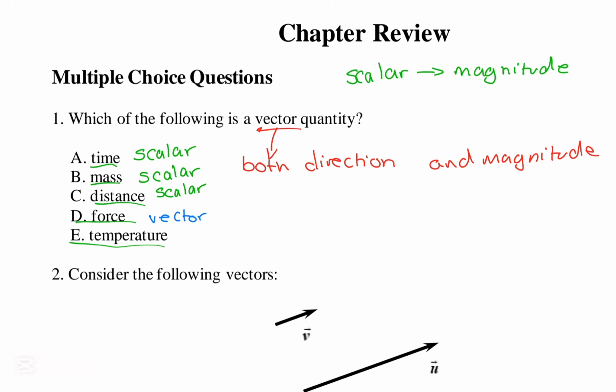You cannot say my temperature is moving upwards. I have up temperature, I have down temperature. No, you cannot say this. You can't say I have a temperature of 25 degrees Celsius north. No, that does not make sense. So my temperature is a scalar, okay? So my only vector in question number 1 would be D.